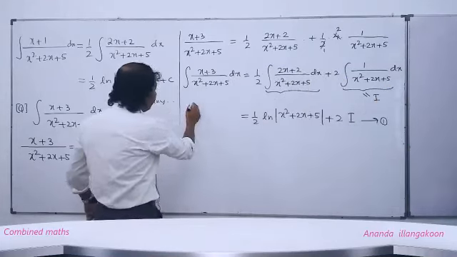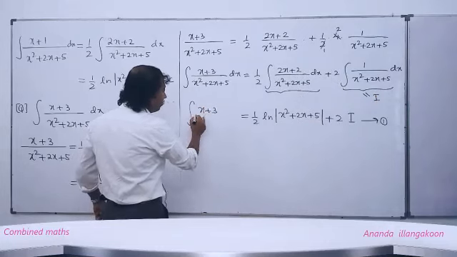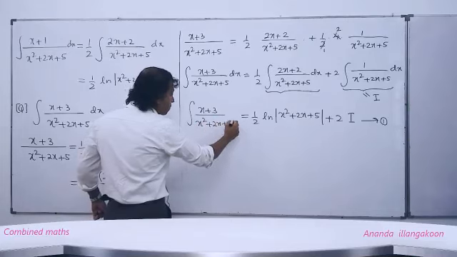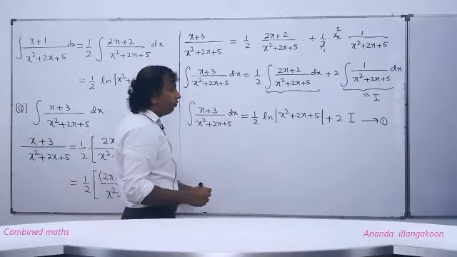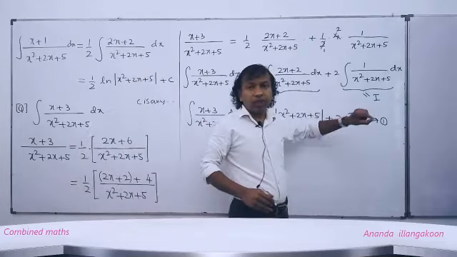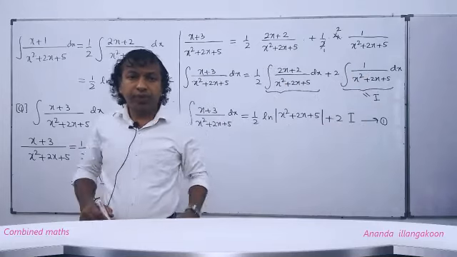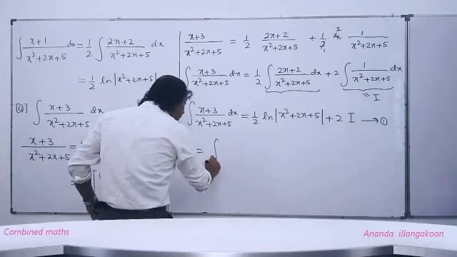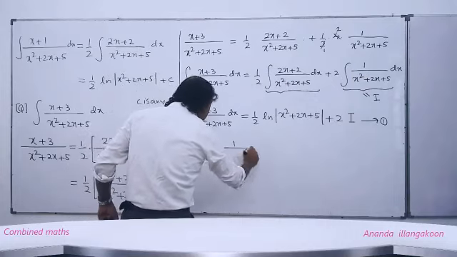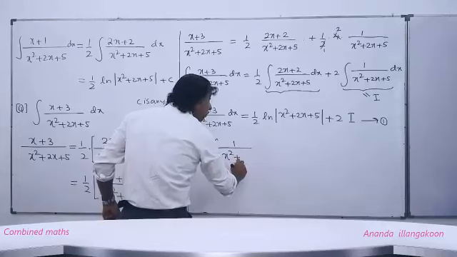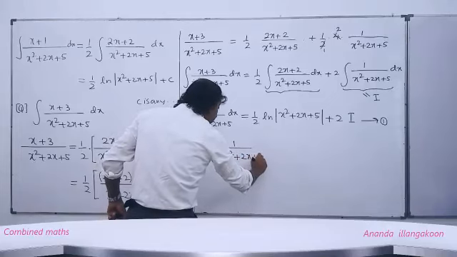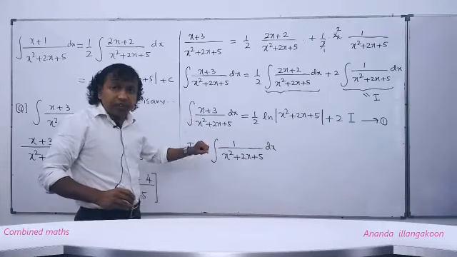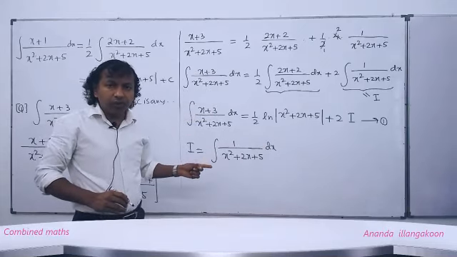Okay. Left hand side, we have this. Now this I, that one I am going to integrate separately. Therefore, I is 1 upon x squared plus 2x plus 5 dx. Now this one, people, the very first method, type 1 question now. What we do?